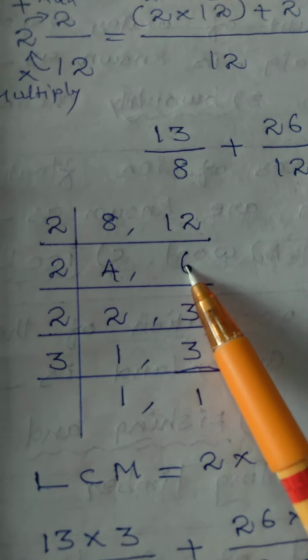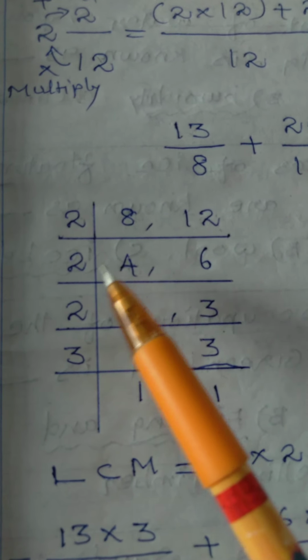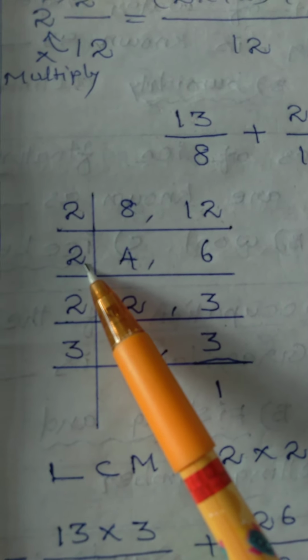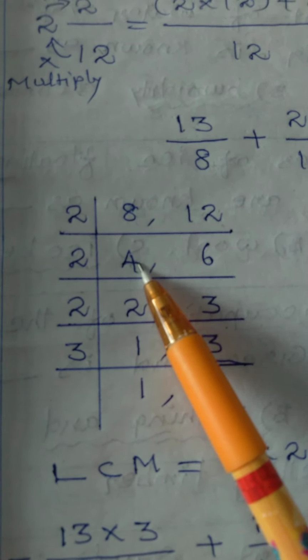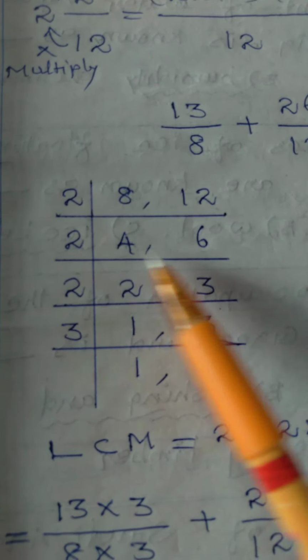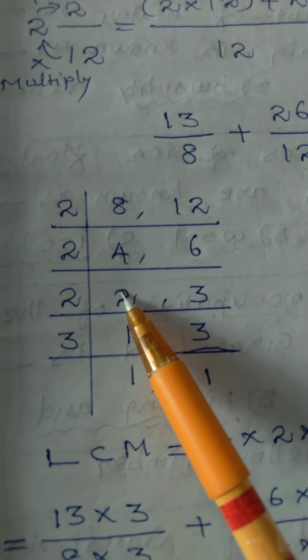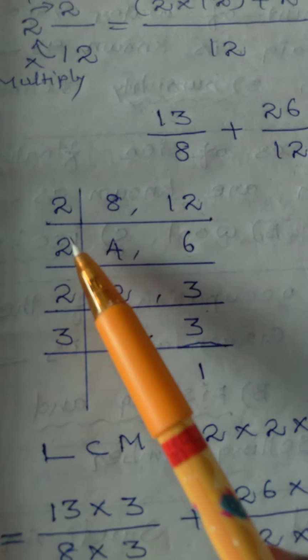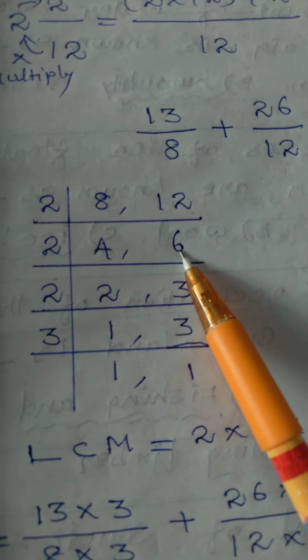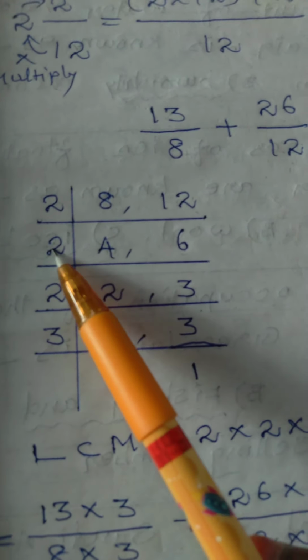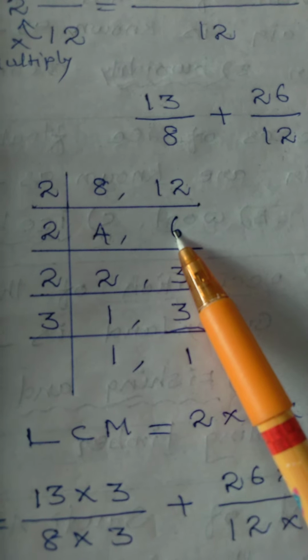Now 4 and 6 are there. Next, again we take 2 to divide these two numbers, 4 and 6. How many times is 2 in 4? 2 times. How many times is the same 2 in 6? 3 times, 2 3s are 6.